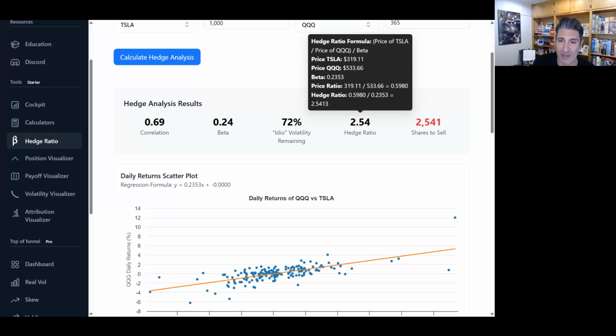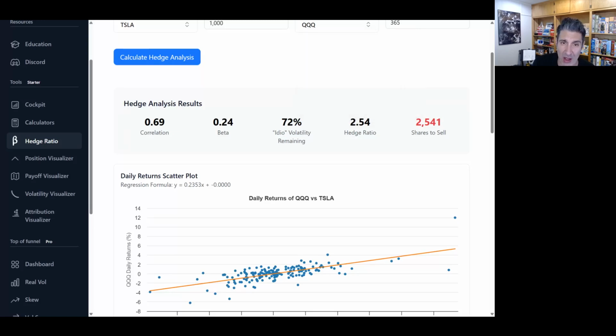Apologize, beta times the price ratio is how you end up with a hedge ratio. So that's where we get this 2,541 shares to sell. To be hedged, if I'm long 1,000 shares of Tesla, I need to short about 2,500 shares of Qs. Instead of having to sell 4,000 shares, which would be the case if I was just using the beta, I have to take into account the fact that the Qs are more expensive than Tesla.